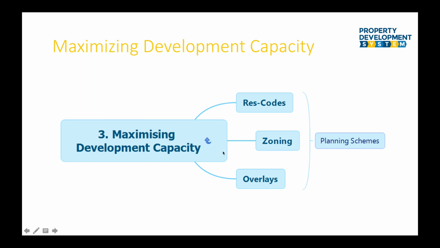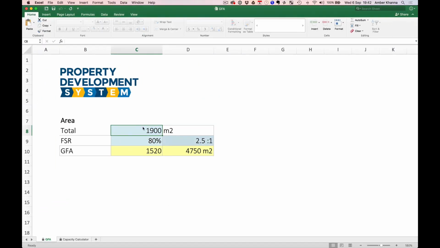Maximum development capacity. You've got res codes, you've got zonings, and you've got overlays, and that gives you the planning schemes, and we'll get into it in a second. But the moment you've got details from res codes, zonings, and overlays, you'll have to do something like this, which is you'll have to come up with an FSR. You'll have to find out what the FSR for the land is.